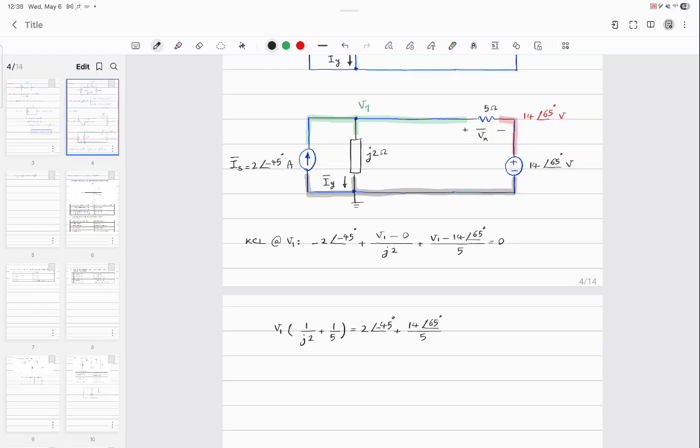Simple algebra, right? Just treat the complex number like normal numbers. And from here, now it's your turn to give it to your calculator and give me V1. Remember, the right-hand side divided by the parentheses.